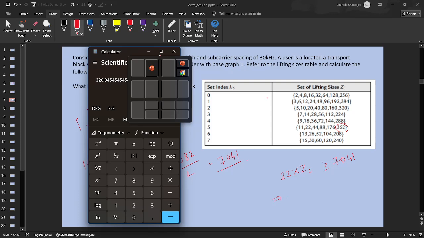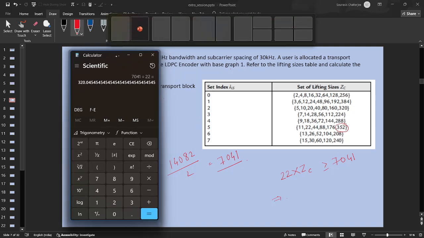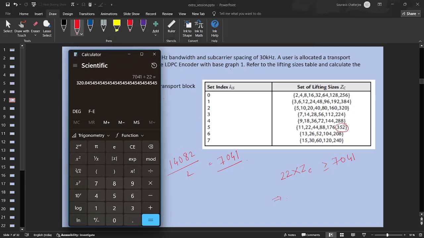But Zc needs to be an integer, right? If I try to compute the Zc value from here, it comes out to be 320.045.